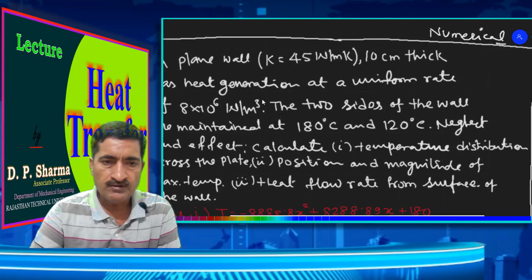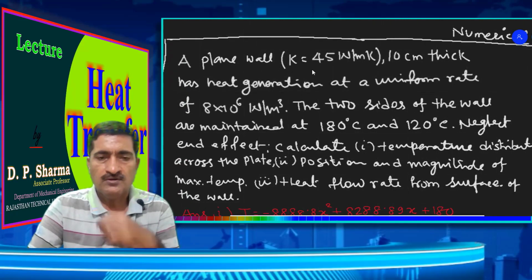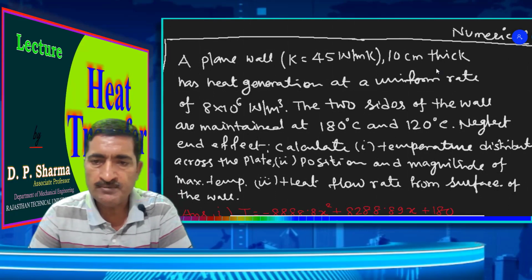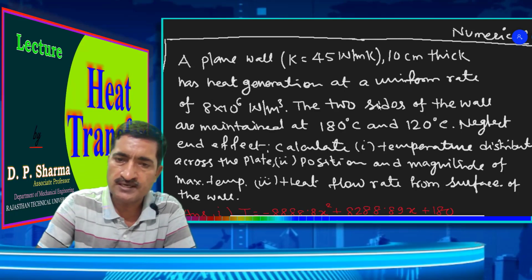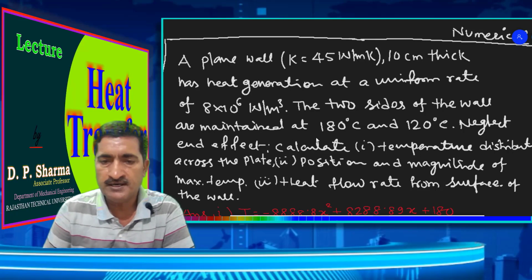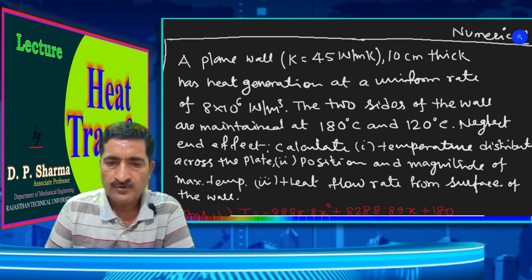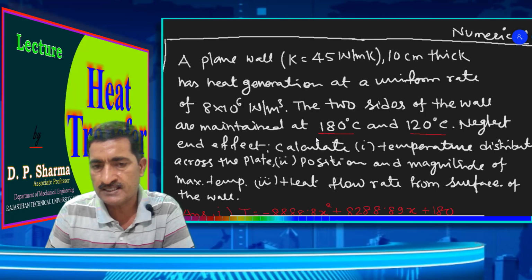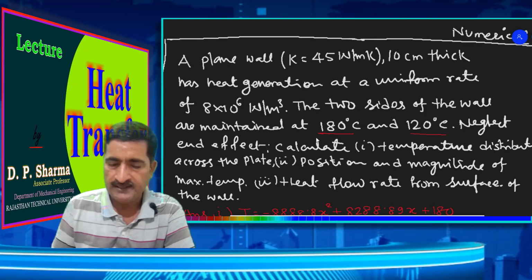A plane wall, K equal to 45 watt per meter per Kelvin and 10 centimeter in thickness, has heat generation at a uniform rate of 8 into 10 raised to power 6 watt per meter cube. The two sides of the wall are maintained at 180 degree centigrade and 120 degree centigrade, means on one side surface temperature is 180, on the other side temperature 120 degree centigrade. Neglect the end effect.